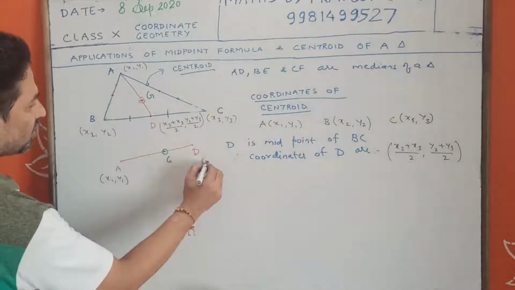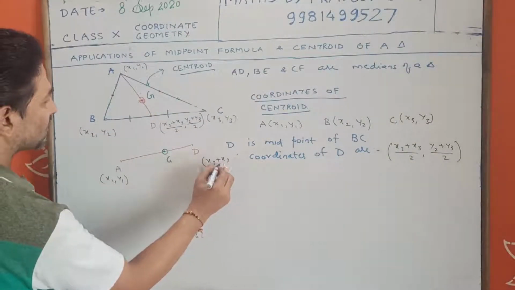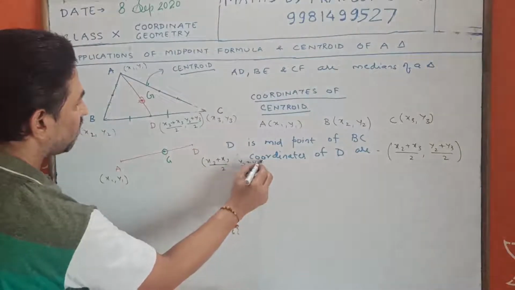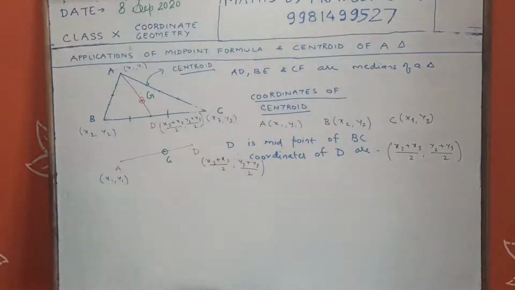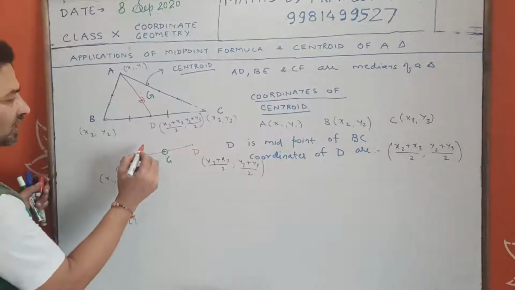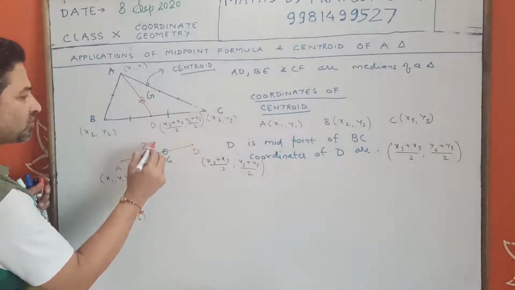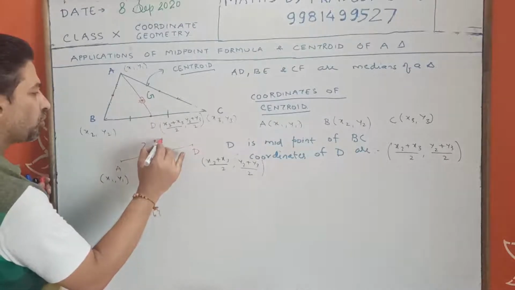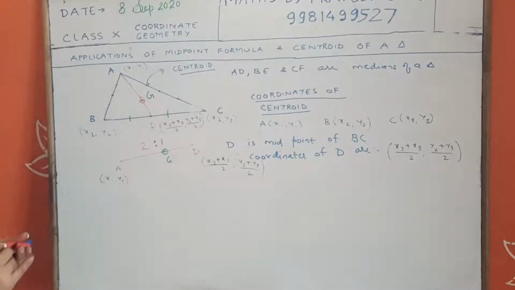So D here is x2 plus x3 upon 2, y2 plus y3 upon 2, and we have just written in the previous one that G divides AD in the ratio 2:1.